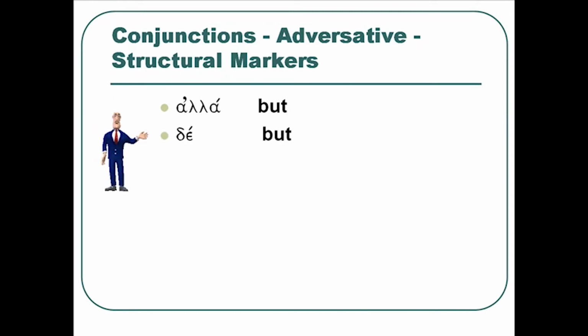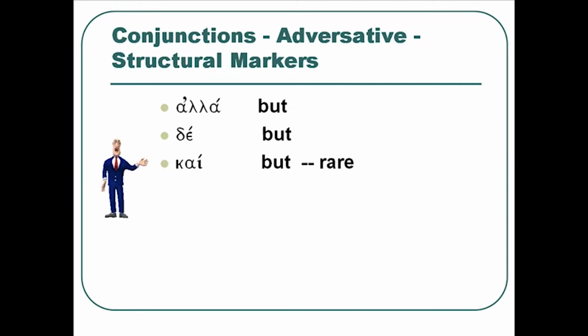De, also usually used for but, can be used for continuative as an and form also. I generally start out with de as an adversative and then go to a continuative afterwards. Kai, interestingly enough, can also be used for contrast, usually generically translated and, but in some rare contexts kai can be taken as an adversative.